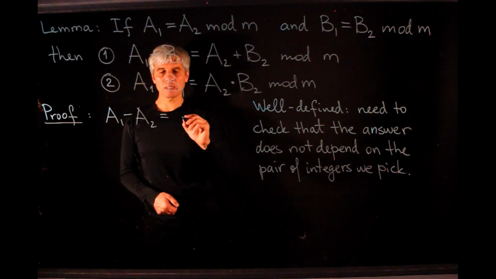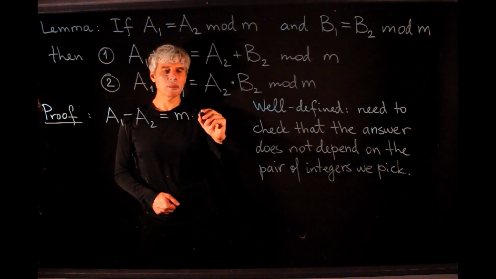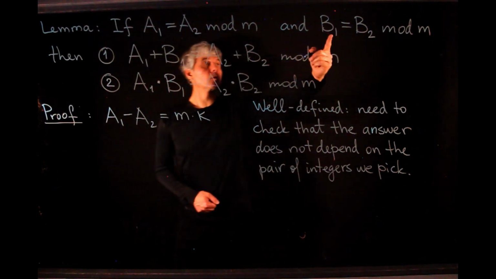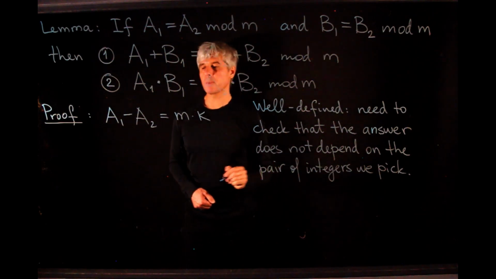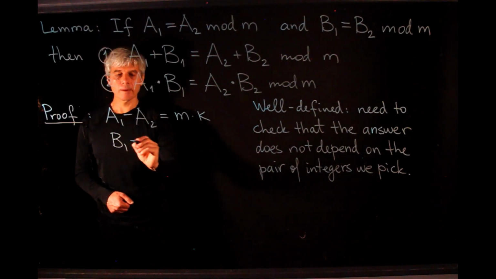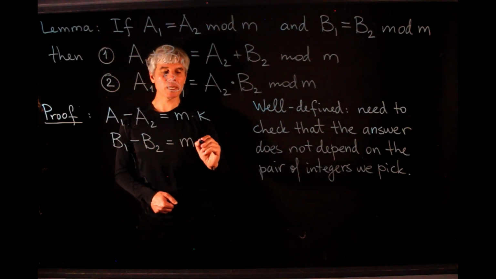So this means that this is m times some number k. And the same, B1 and B2 have the same remainder after division by m. So this means that B1 minus B2 is also a multiple of m. So it's m times s.